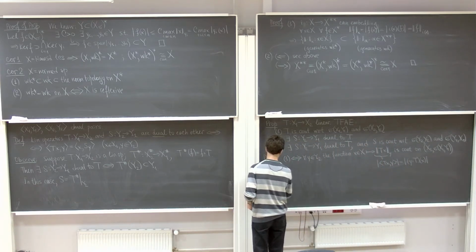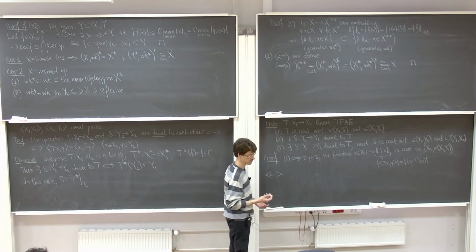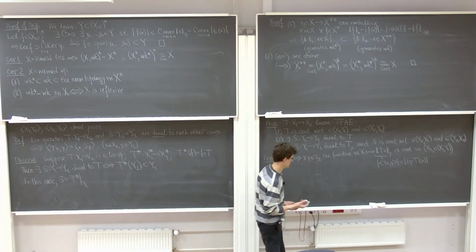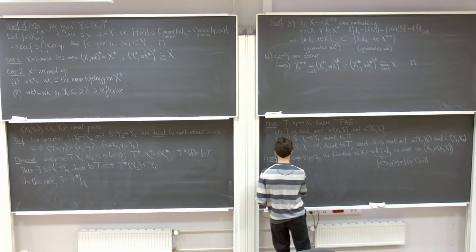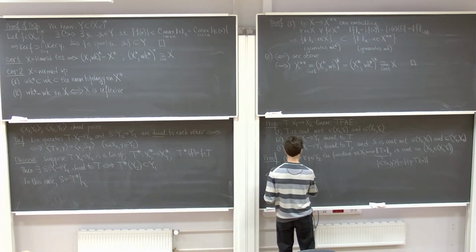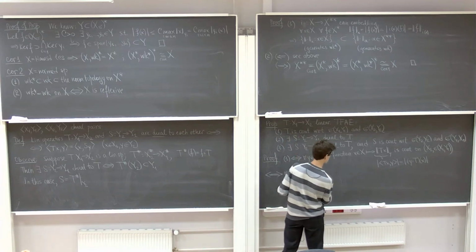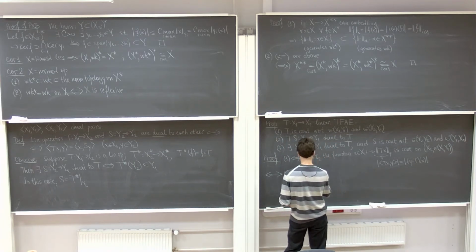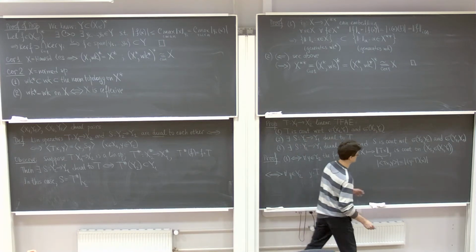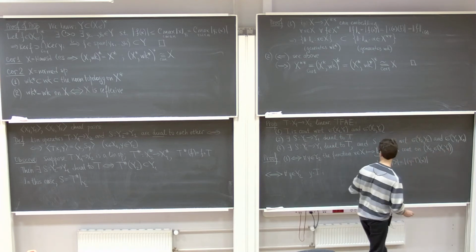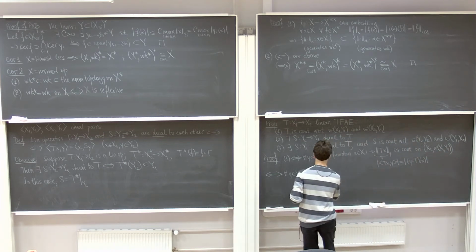Let's also recall that a linear functional is continuous if and only if its absolute value is continuous. So this means that for each y in Y2, y composed with T is continuous on this space, but we know that this means exactly that it sits in Y1.